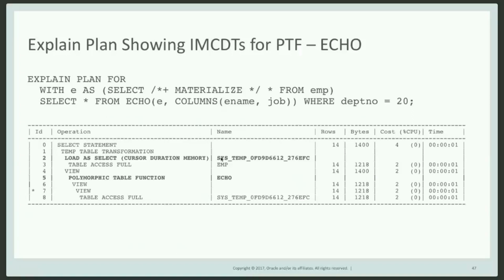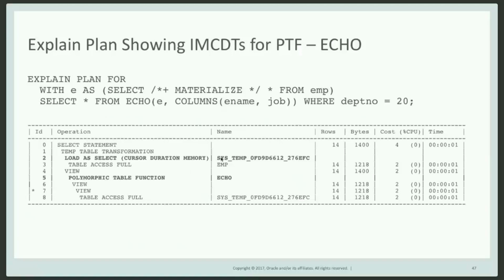So as I said, if you want to do quite sophisticated processing on your input table, what you need to do is use a with clause to, in effect, encapsulate that complex processing, and then you can pass the results in to your polymorphic table function.